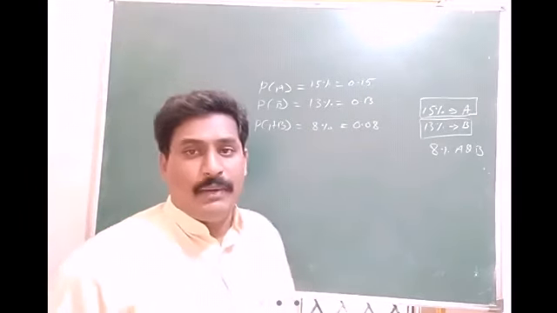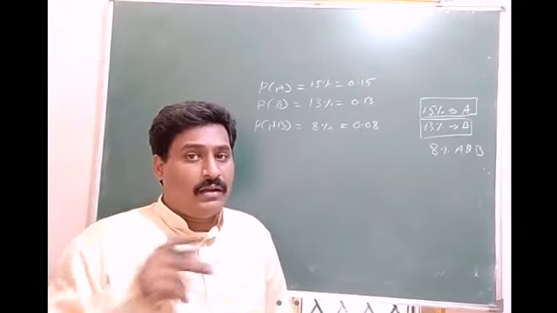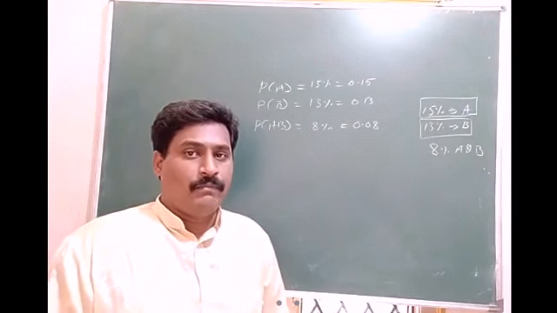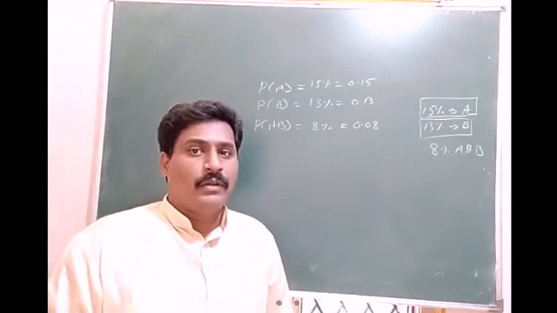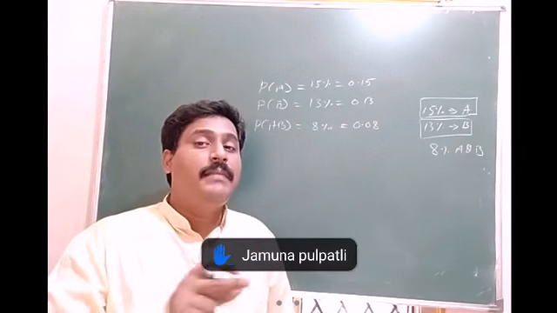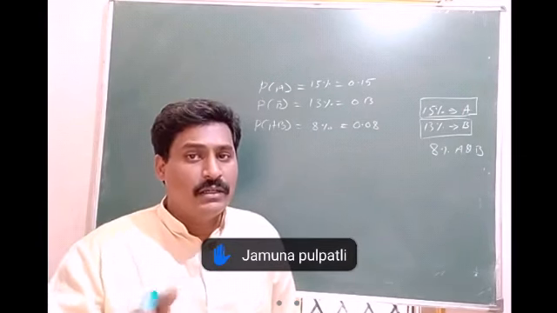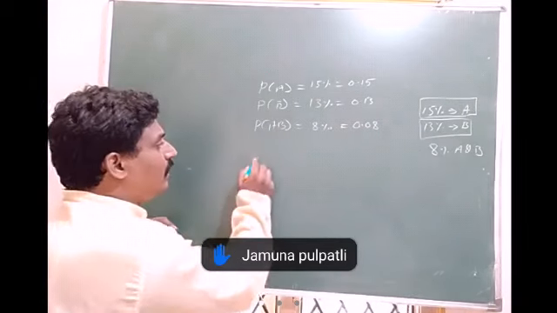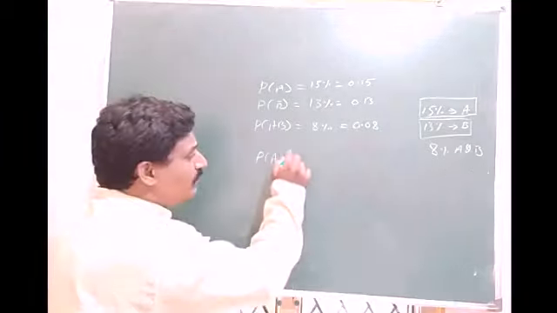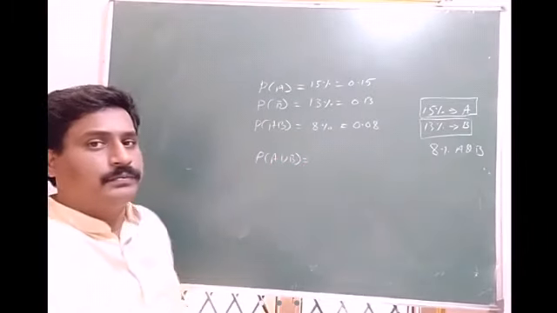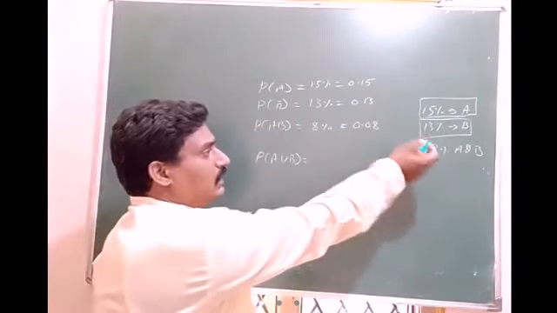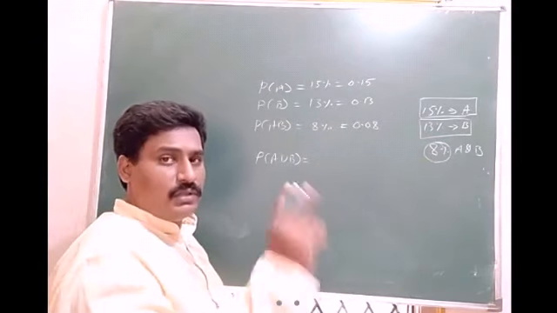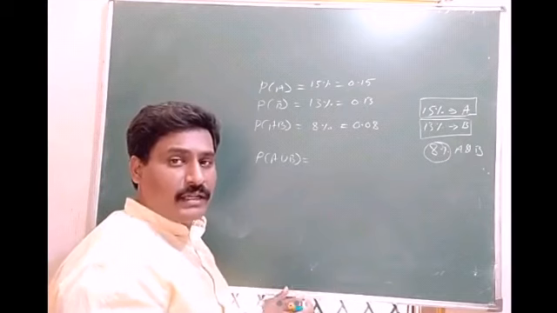So probability of either paper A or paper B. If we select one person at random in the population, he may be a person who reads any of these newspapers. So that is P of A union B. Here already we know that 8% of the population read both, so it is not mutually exclusive.